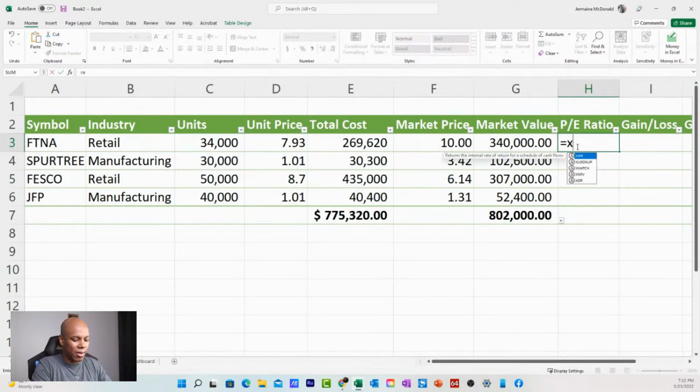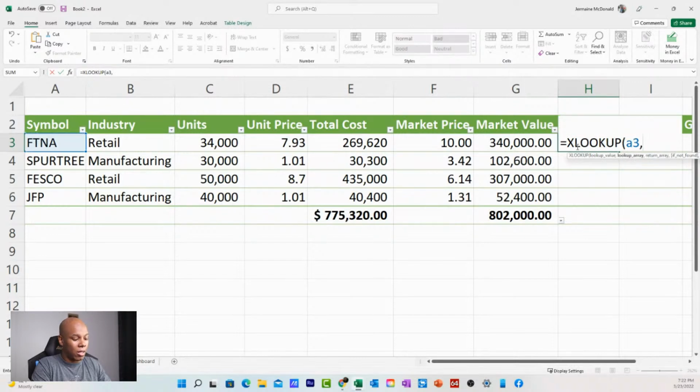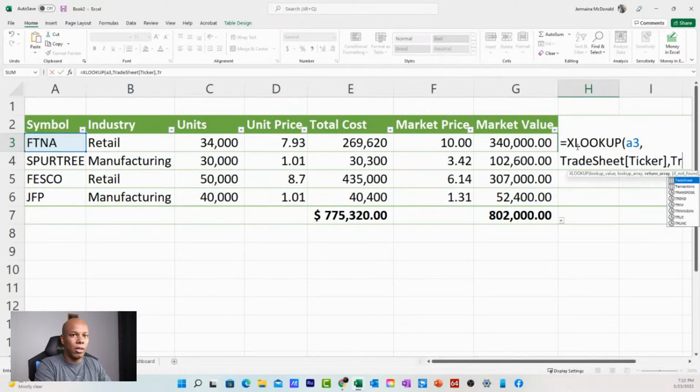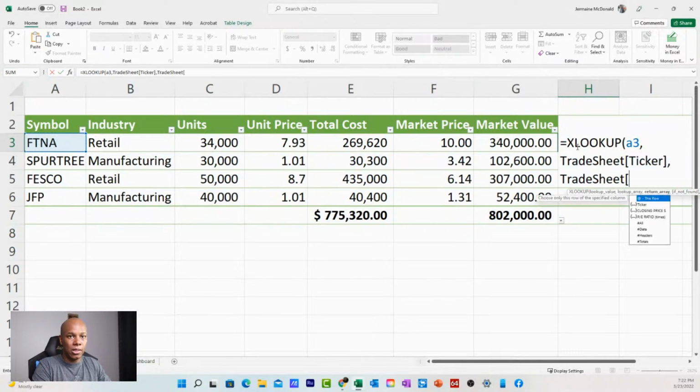So we're going to use the same function. We're going to look up A3 again. I'm going to use the trade sheet. And then we want to return trade sheet price to earnings ratio.